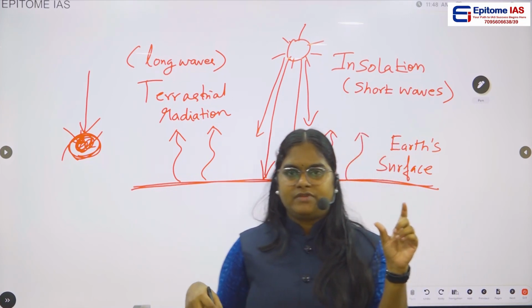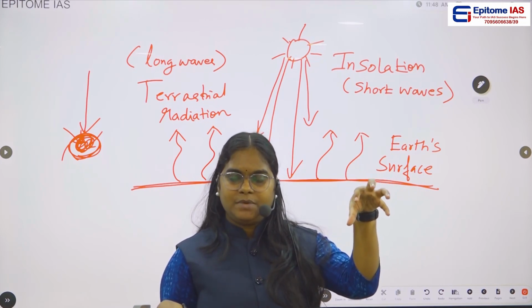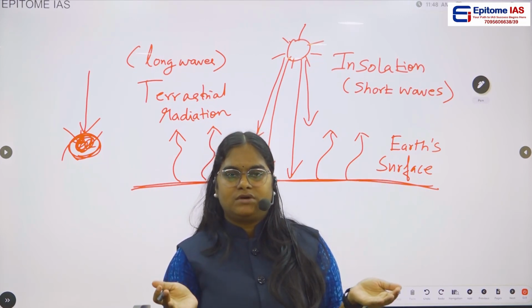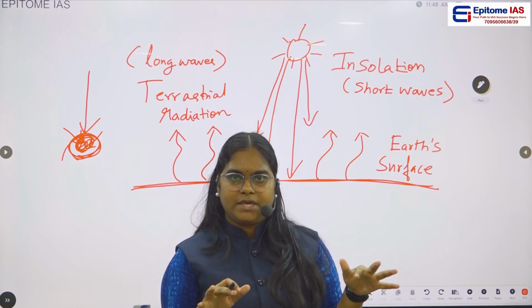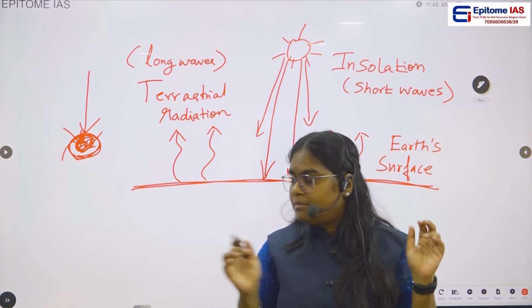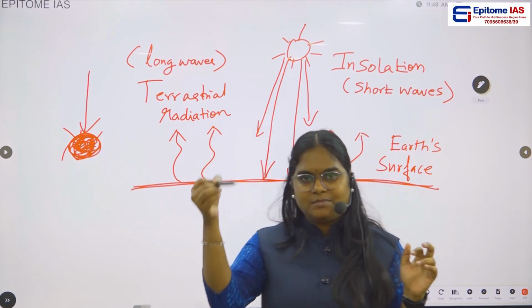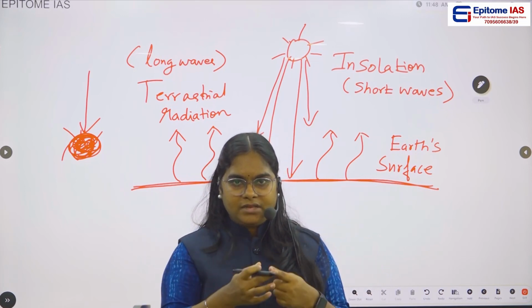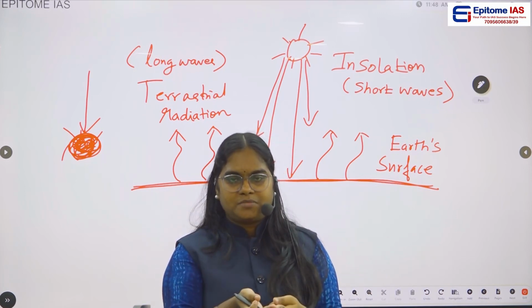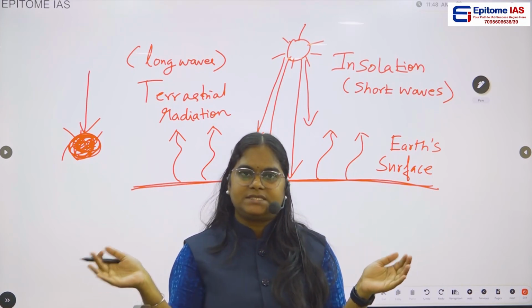So because of the reflection, the atmosphere does not get heated up, and the earth's surface also does not get heated up. But in case of absorption, when the atmosphere absorbs the incoming solar radiation, the atmosphere gets heated up.